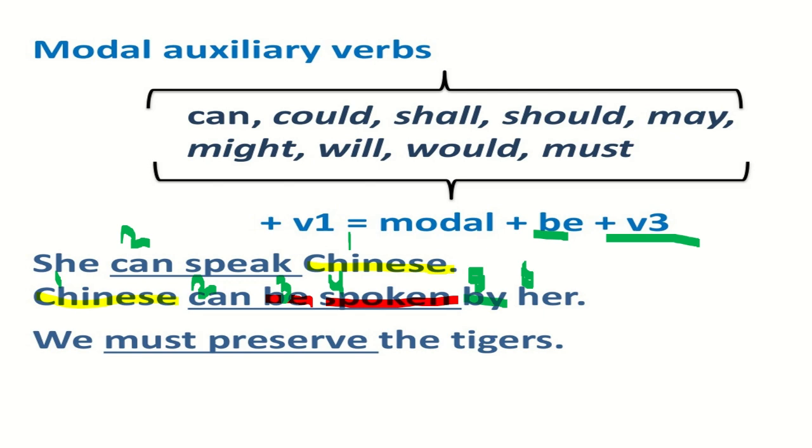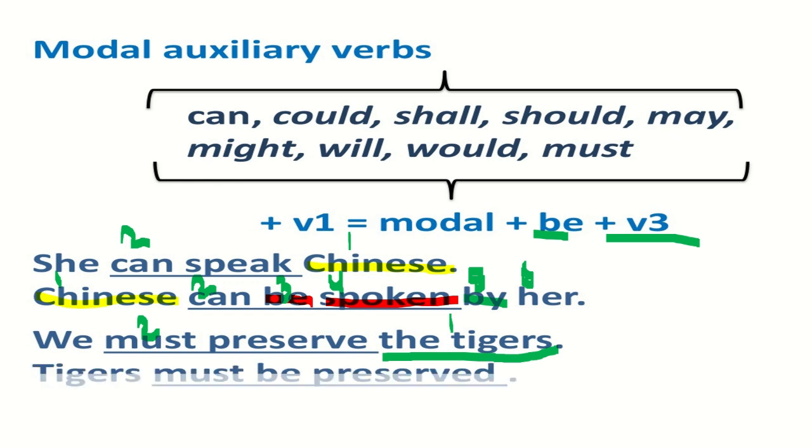We must preserve the tigers. So the tigers is my object. I'm going to start the sentence with the tigers. I keep must, but I have to add be, then I change this one to past participle. By whom? By us. Sometimes I need to change the form of the pronouns when it comes after a preposition. So the tigers must be preserved.